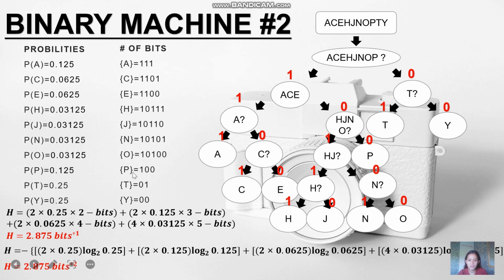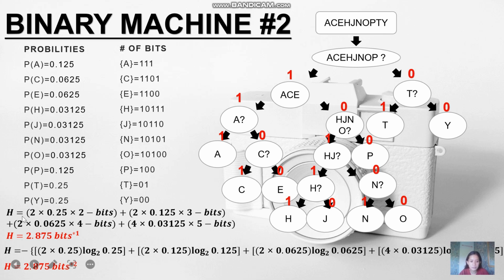And letter P is equal to 1, and then 0, and then 0, a total of 3, so the probability is 0.125. For the letter T, we have 0, 1, a total of 2 bits, so 0.25, and then the Y is equal to 0, 0, so still 2 bits, so the probability is 0.25.